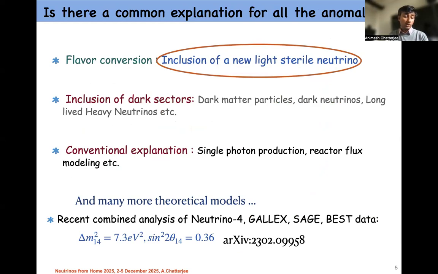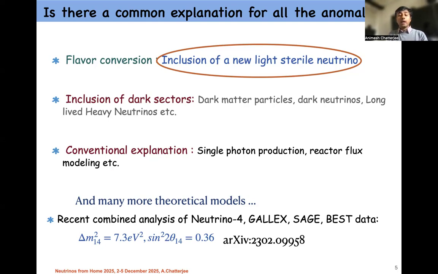However, there are other possibilities, including dark sector models that try to explain the excess from dark matter particles, dark neutrinos, heavy neutral leptons, as well as other conventional explanations such as single photon production and reactor flux models, and so on, and other theoretical models as well, but I'm not able to share all of that.